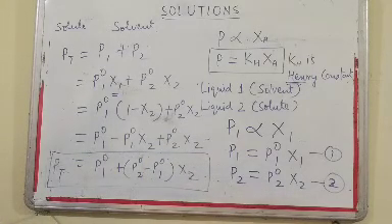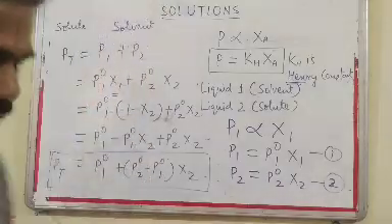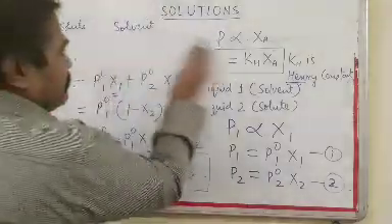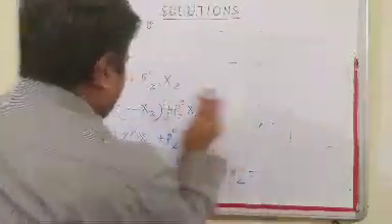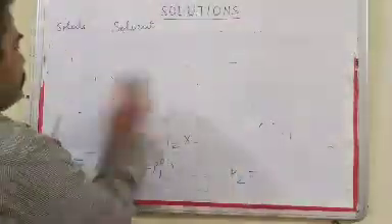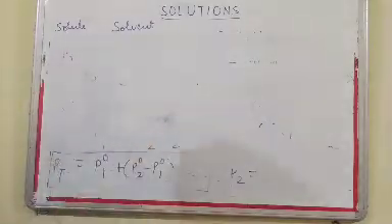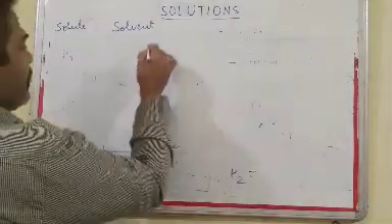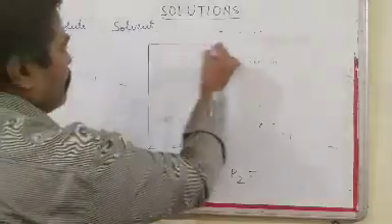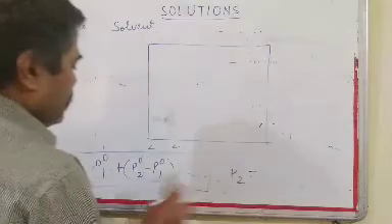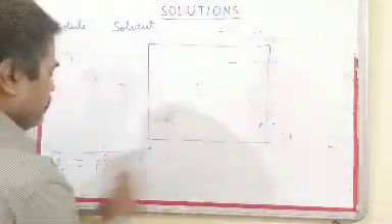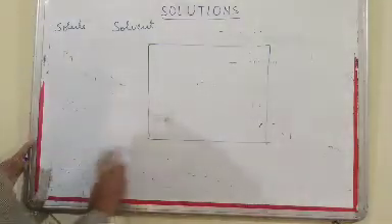Okay. If we draw the graph, it would be the mole fraction of liquid A and B. So this may be like this.